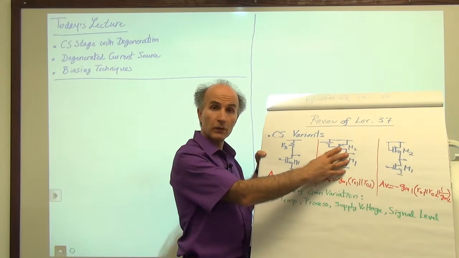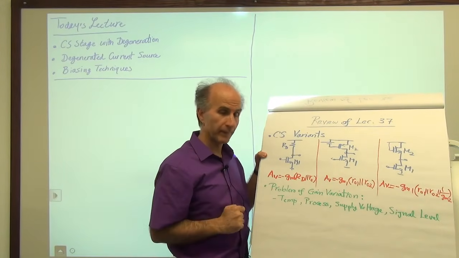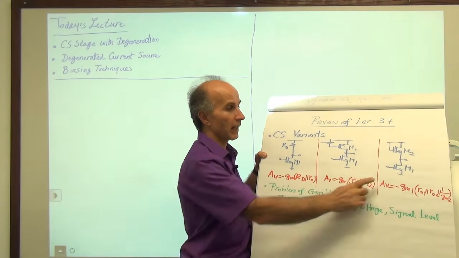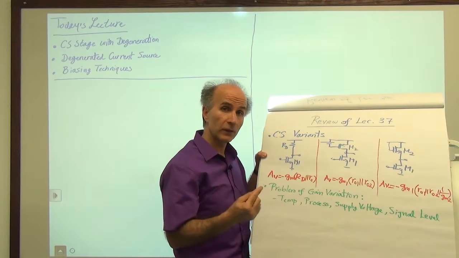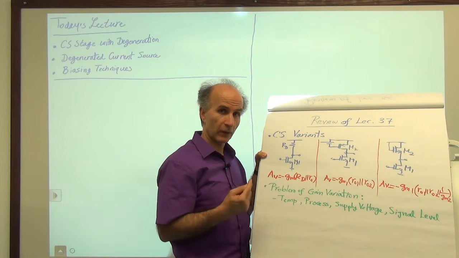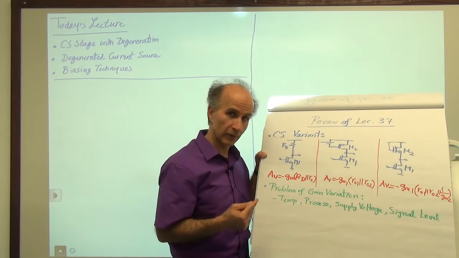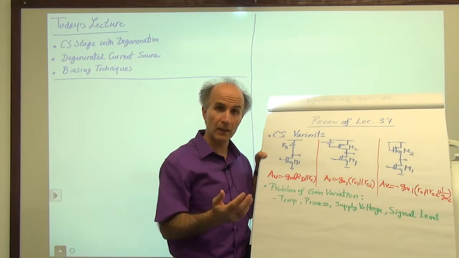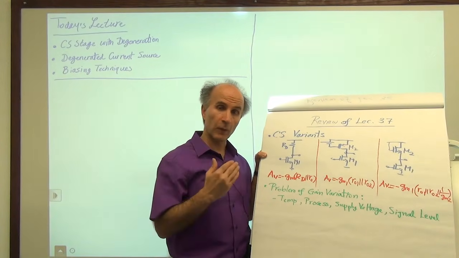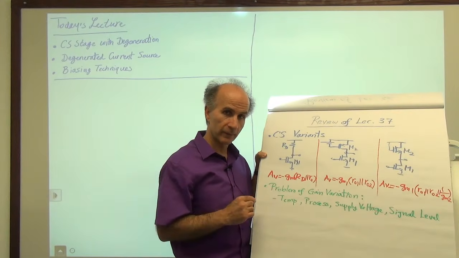Okay, this circuit is also used very often in designing these amplifying stages. And finally, we saw another type of stage where the load consists of a diode connected device. A diode connected device is one whose gate and drain are shorted together. And we saw that from a small signal point of view, this device has an impedance of approximately 1 over Gm, or if we want to be more precise, 1 over Gm in parallel with RO.